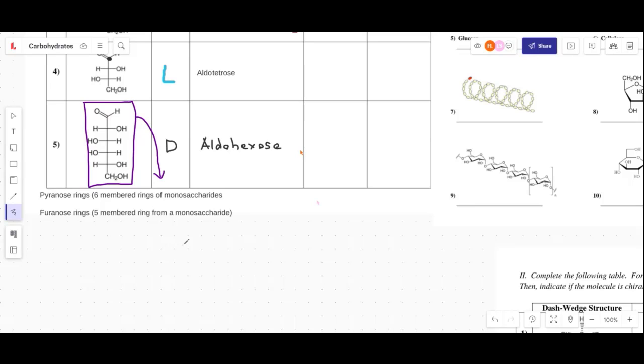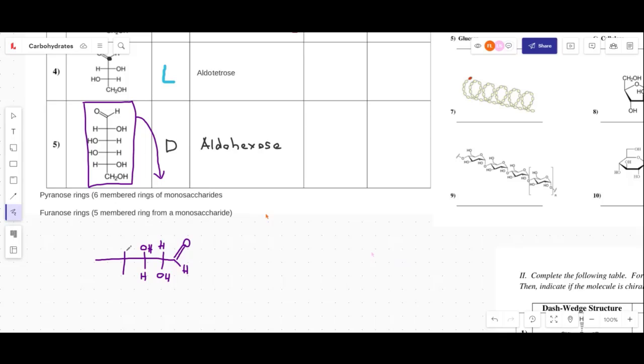Okay? I have oxygen, hydrogen, and I have the first one, hydrogen on top, OH on bottom. Second one, OH on top, hydrogen on bottom.